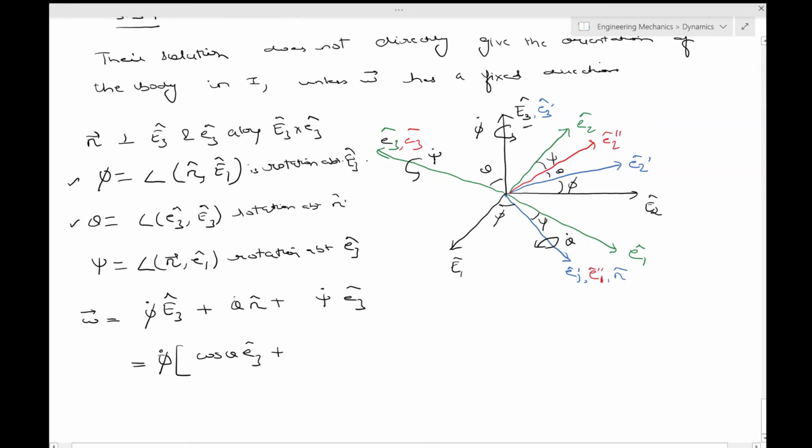So you would write it as sine theta cos phi e2 plus sine psi e1. Okay, so you have to do two projections like this.